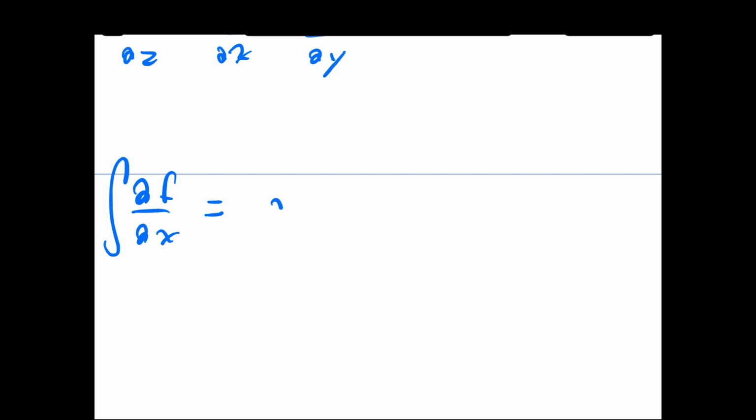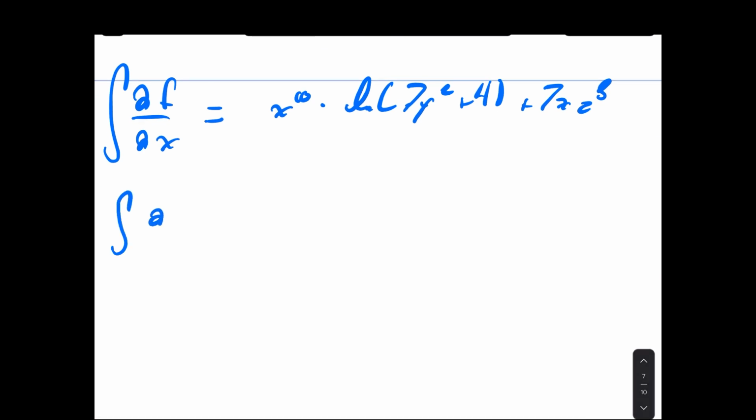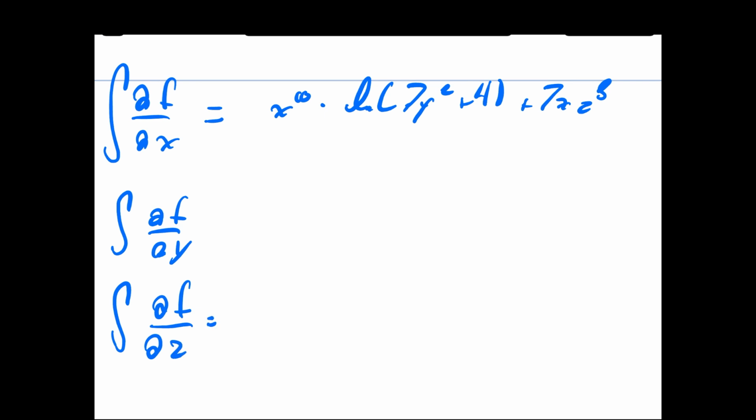Okay, so x to the 10 times ln 7y squared plus 4 plus 7x z to the 8 y. Oh my god, I'm messing up the partial derivative sign. Or the sigma. Okay.